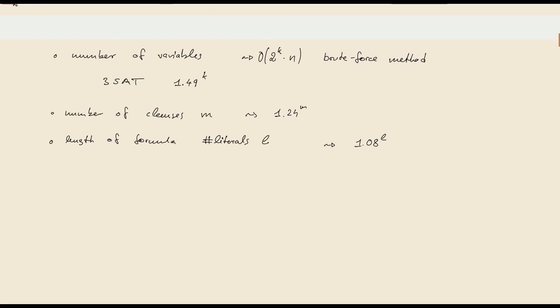And then you can do also all sorts of wild things. Maybe you want to take as parameter the weight of a formula, which would be the number of 1 entries in a satisfying assignment.